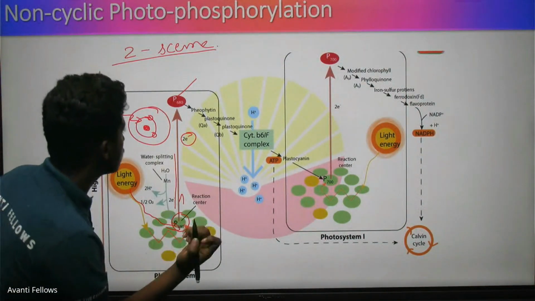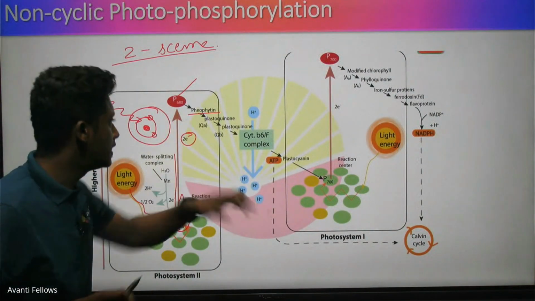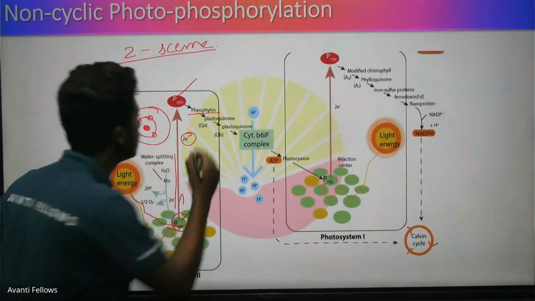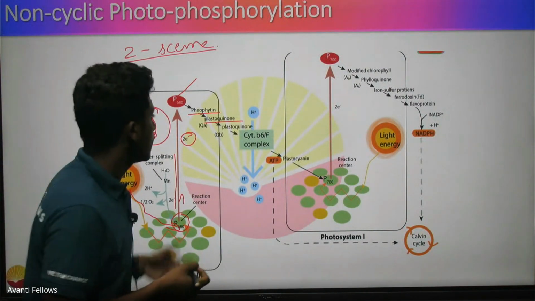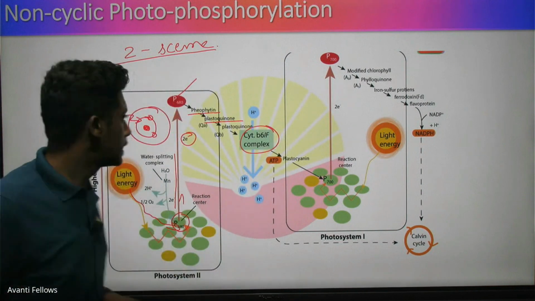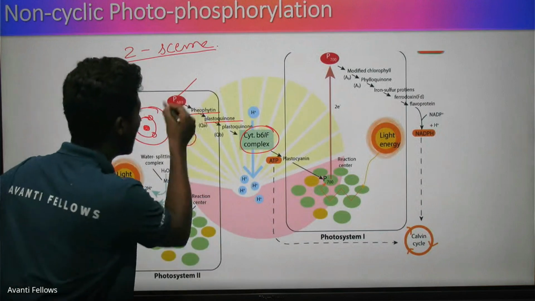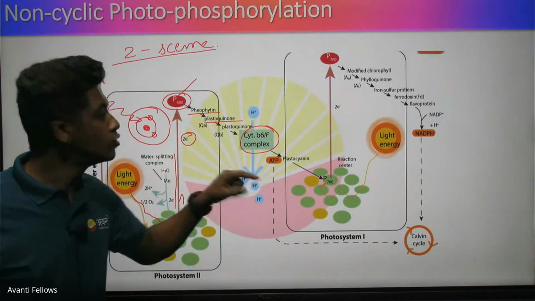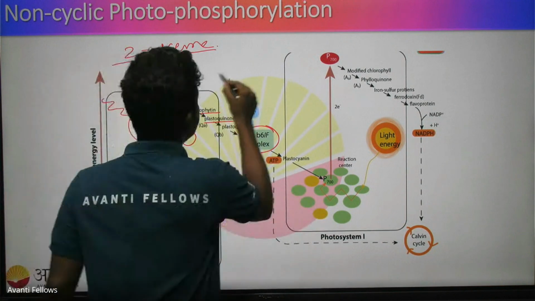We have pheophytin as one electron acceptor, then plastoquinone, another electron acceptor, and then the cytochrome b6f complex, another electron acceptor. From this excited 680 nanometer state, they start transporting the electrons downhill.